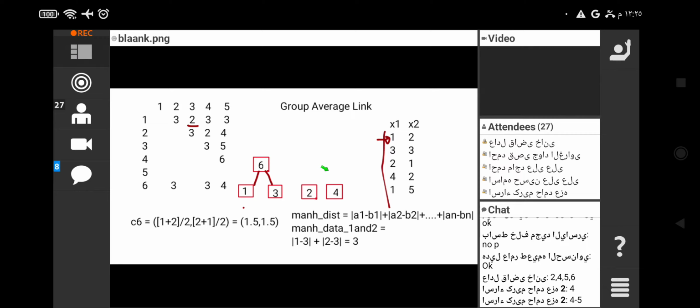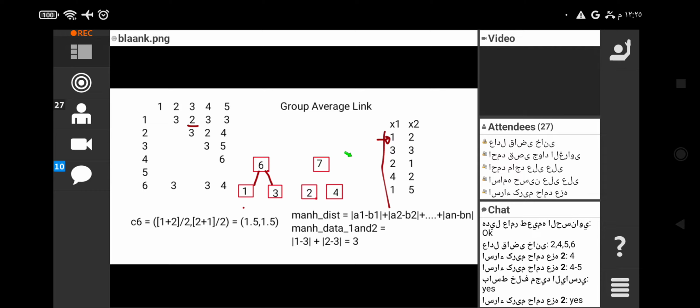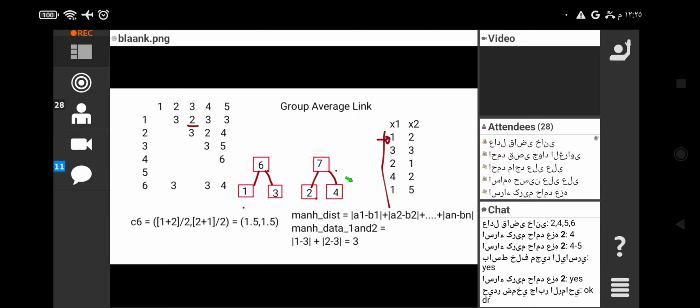Do you understand? Clusters 2 and 4. So we have a new cluster, cluster 7.